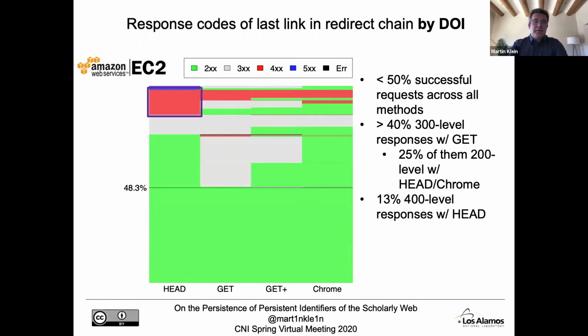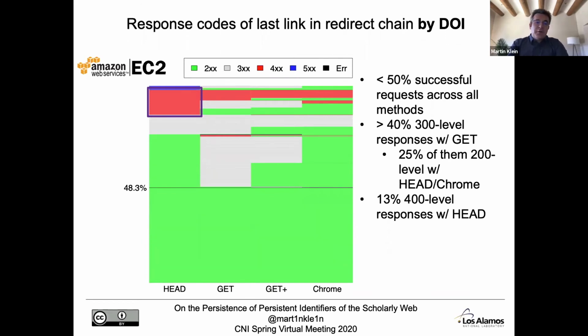And the last observation that I want to make on this graph is we have a good portion of DOIs returning a 400 level response when the HEAD method is used. Now if you're familiar with HTTP, you may say, well, this could be a whole bunch of 403 response codes indicating that we don't have the rights to access this resource, that the access is forbidden, but that's not the case.